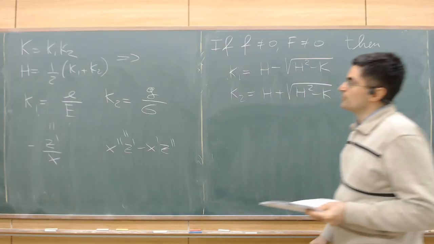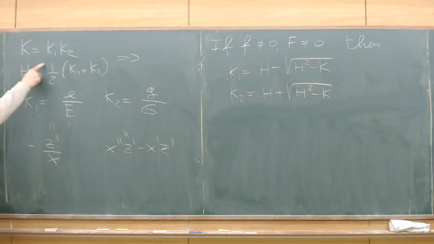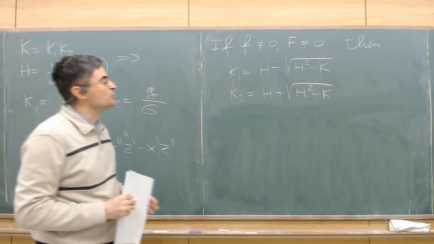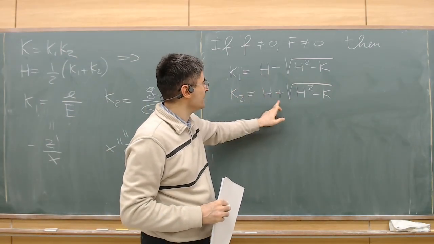They follow from these two identities. You have to ask yourself, what are the numbers k1, k2, whose product is K, and whose average is H. The answer is k1 is given by this formula, k2 is given by this formula.